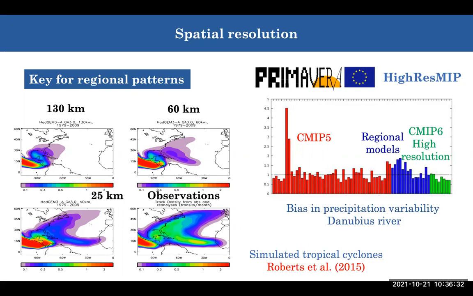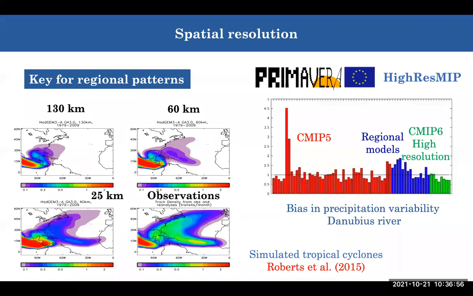You have the observations, bottom right, and you see from 160 to 25 that when the resolution is increasing, so smaller grid size and higher resolution, we have a better representation of those patterns.